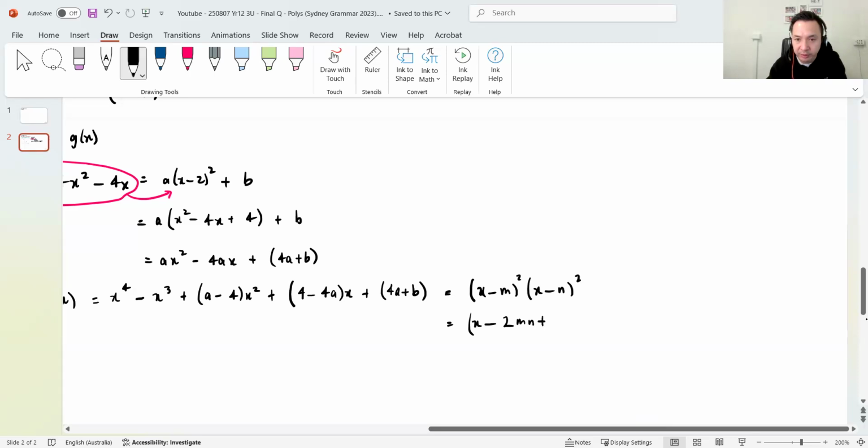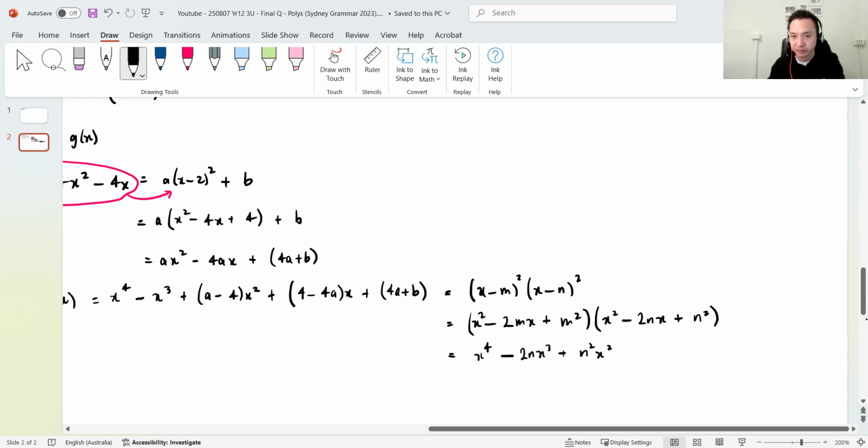So (x squared minus 2mx plus m squared) times (x squared minus 2nx plus n squared). Expand that: x^4. I'm going to take x squared times all these first, so minus 2nx cubed plus n squared x squared.